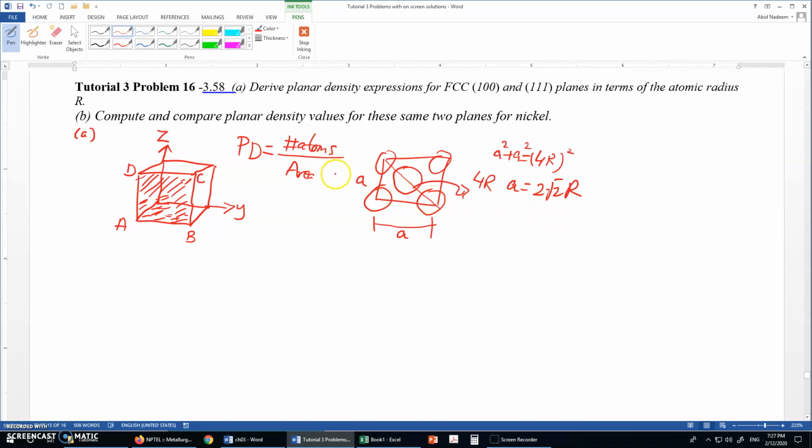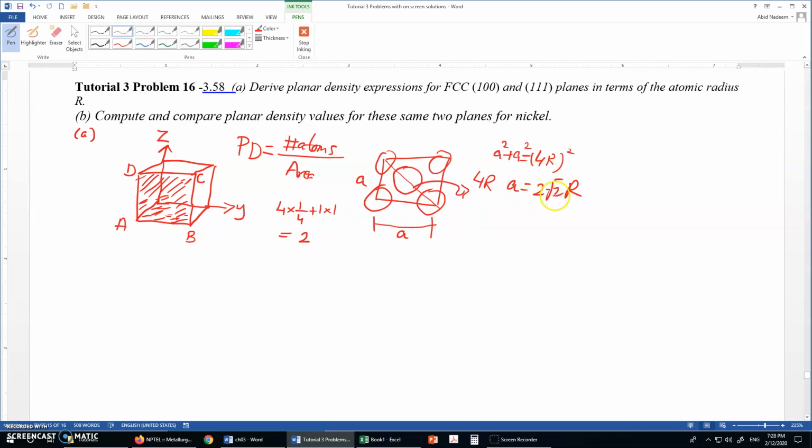And how many atoms are there? At each corner 1/4 of the atom is associated, and the central atom is fully associated. So 4 atoms times 1/4 plus 1 atom fully, so there will be 2 atoms associated.